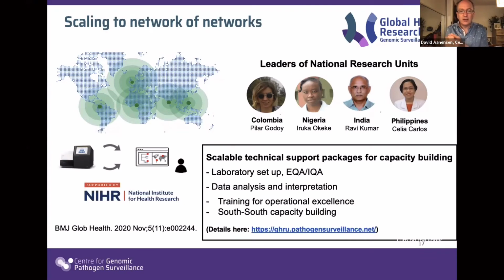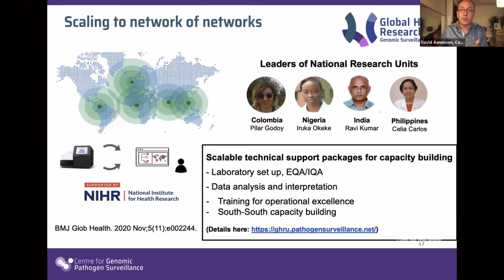So each institution represents a broader network of sites that are collecting phenotypic information and are now getting much more resolute information using genomics, along with scalable technical support packages for setting up genomics within clinical microbiology laboratories, external and internal quality assurance exercises, training, and shared learning across each of the 4 sites who are taking this technology on.